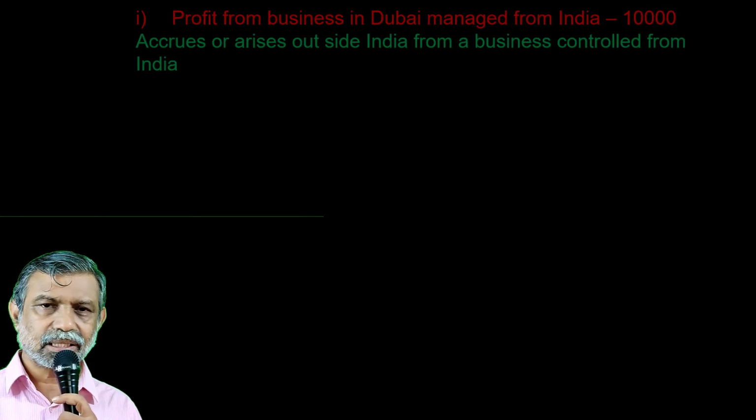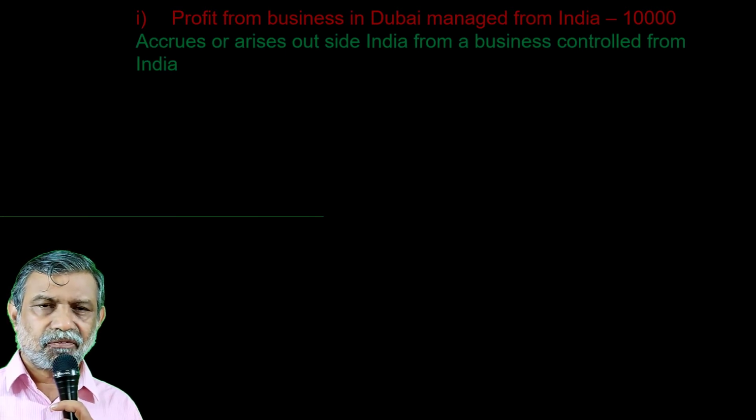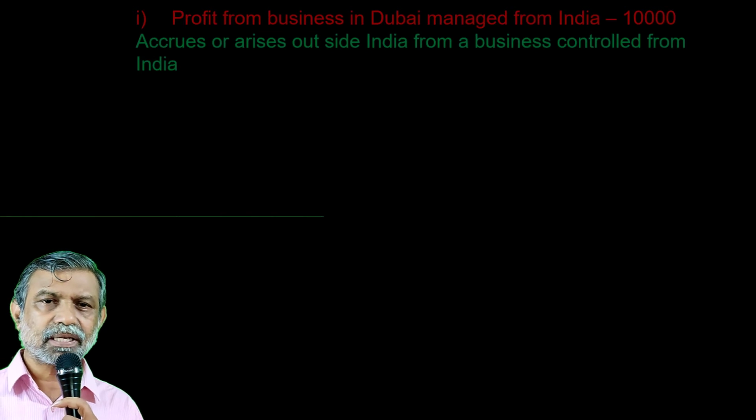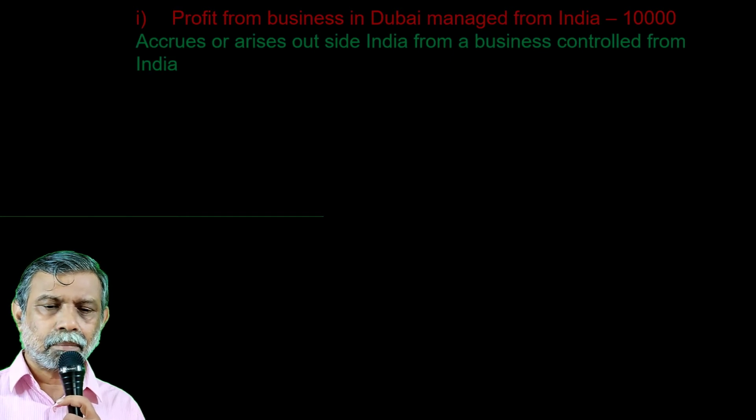This will come in income accrues or arises outside India from a business controlled from India. So this comes in the fifth category. The first five items are taxable in the hands of a resident and ordinary resident, and a resident but not ordinarily resident. Therefore, this item is taxable in the hands of a resident and ordinary resident, and a resident but not ordinarily resident.